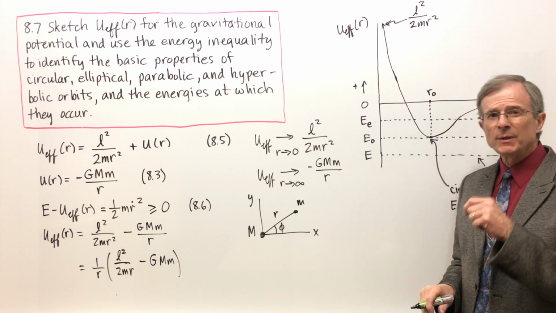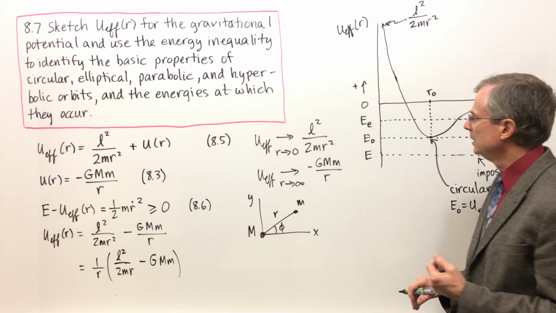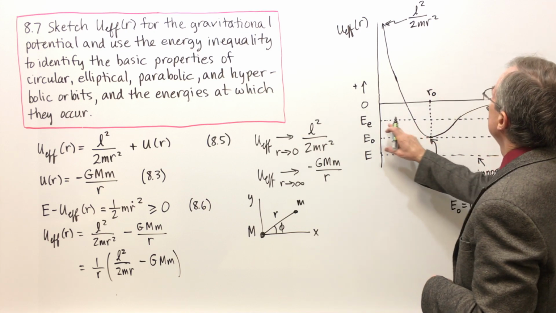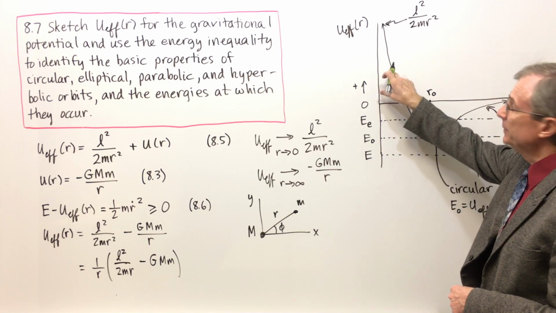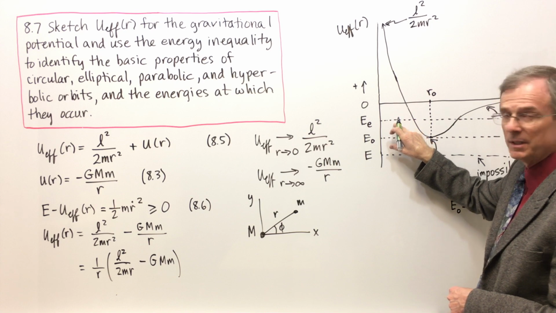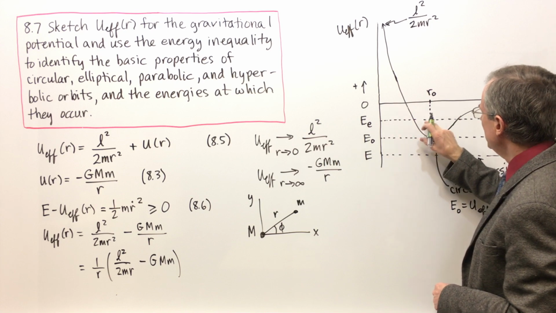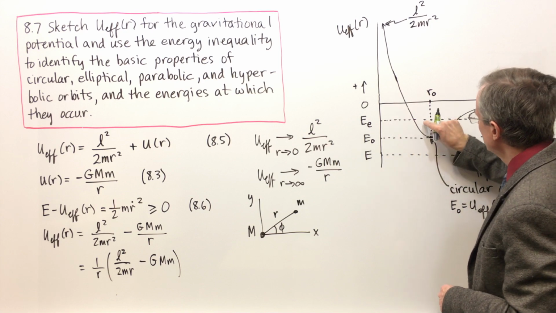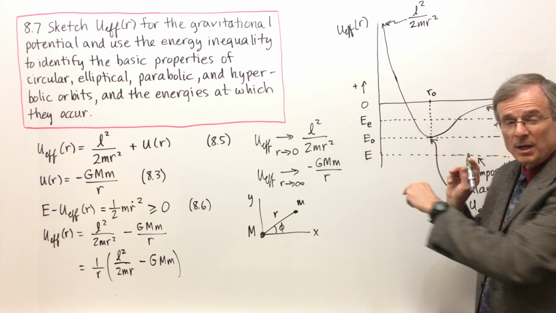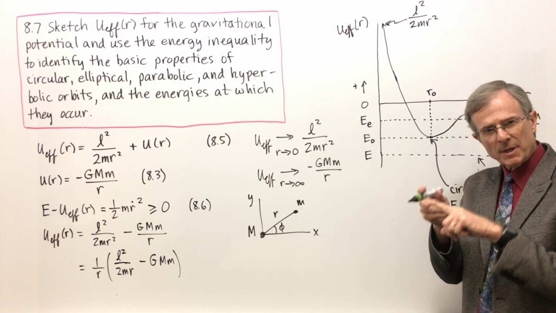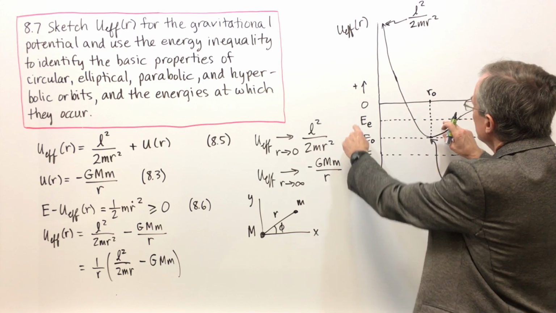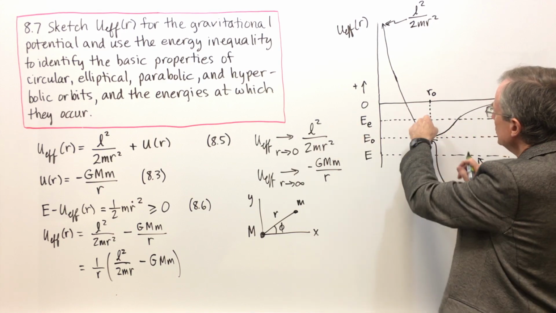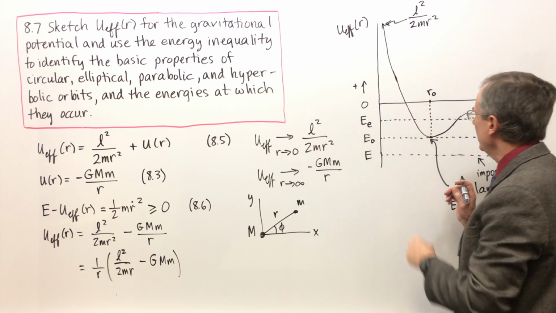Well, E has to be greater than or equal to U effective. Here, E is less than U effective. You can see U effective is higher than E here. But here, inside this region, E is constant, remember. Angular momentum and the energy are both constants of the motion. So in here, the energy is greater than U effective because it's higher than it in the graph.